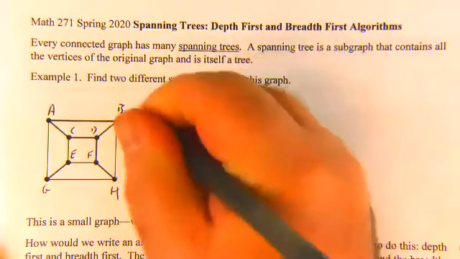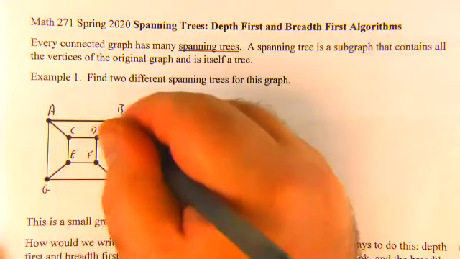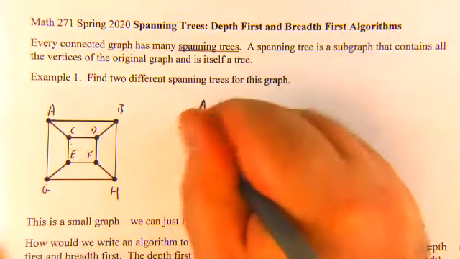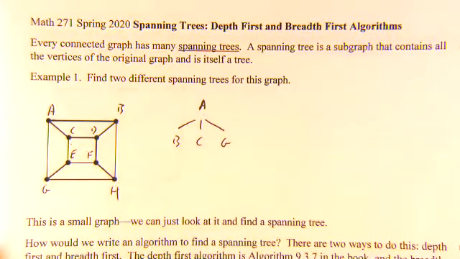We start with A. We could adjoin everything connected to A: B, C, and G. And that's a tree.